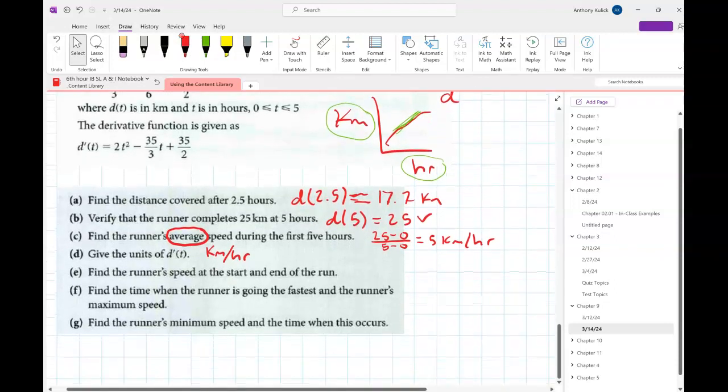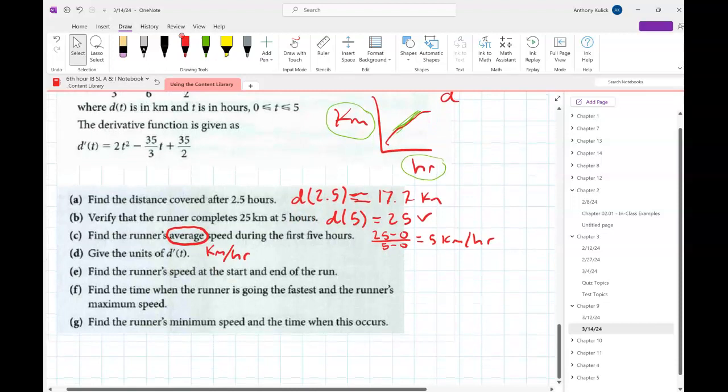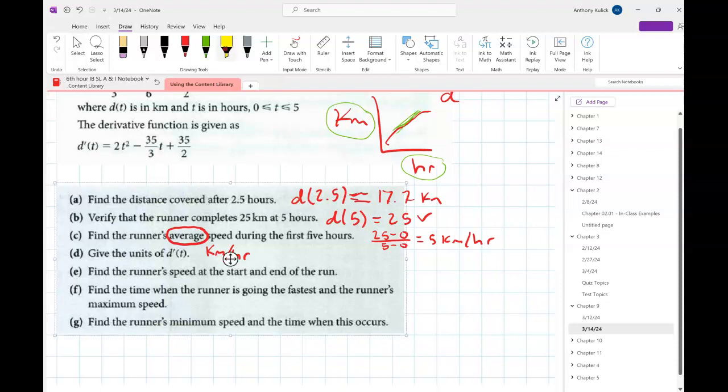Okay. Now part E says find the runner's speed at the start and end of the run. So which function do I use to find the speed? D or D prime? D prime. So what is the time for the start of the run? 0.